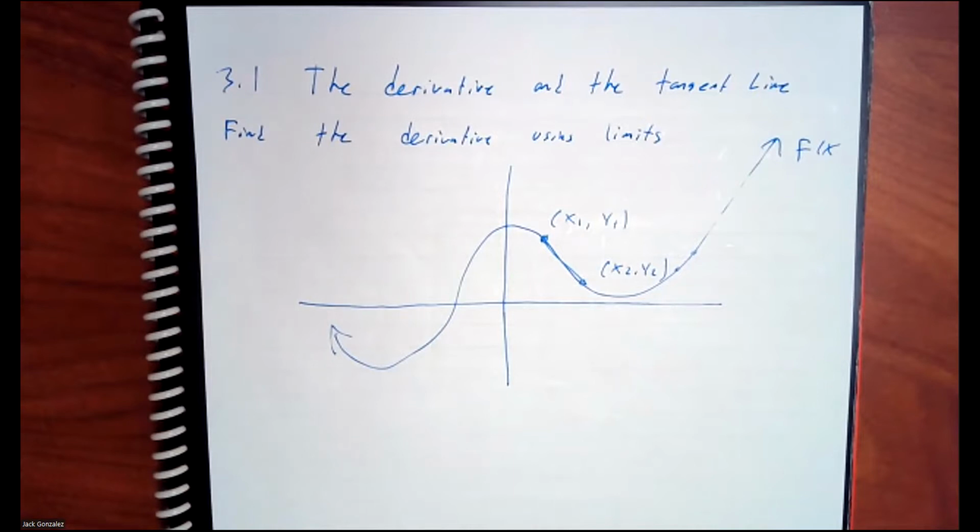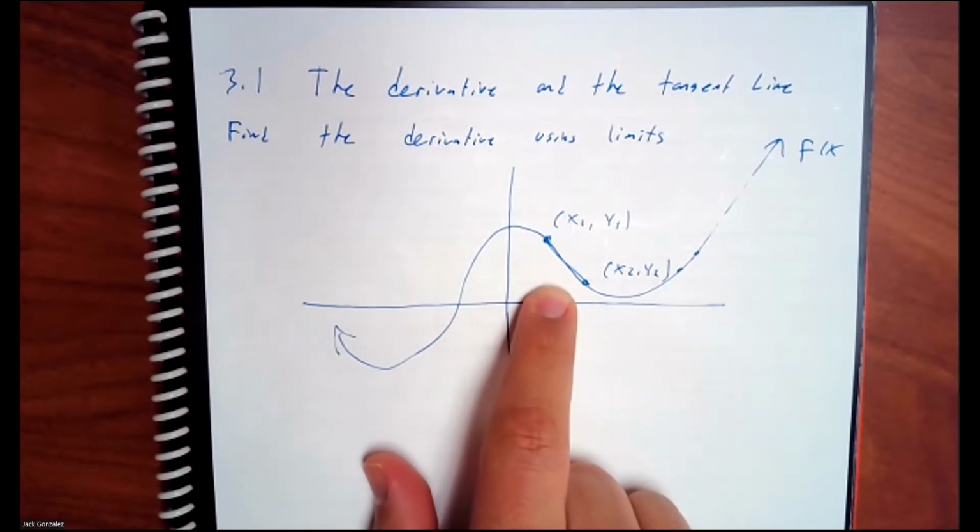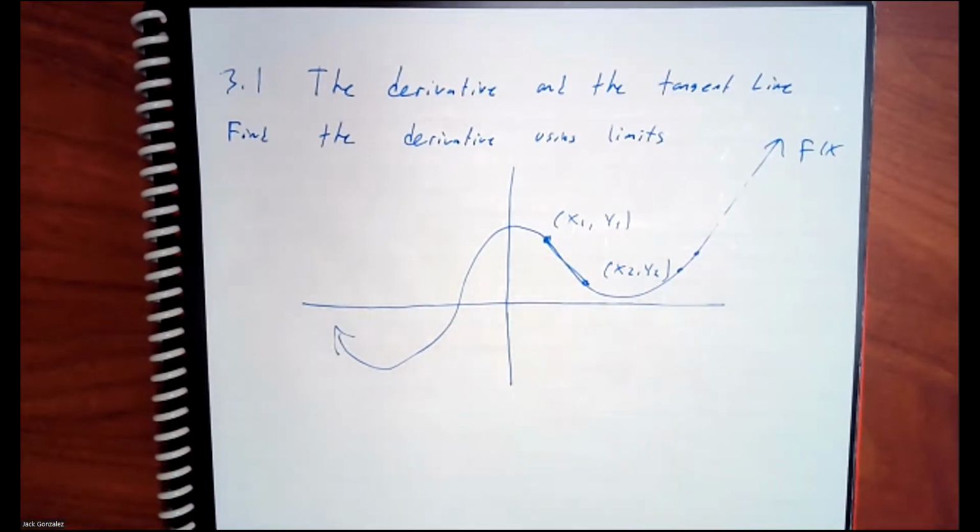So the derivative is the slope at one given point. You shrink the distance between the two points and let that distance go to 0. So instead of finding the slope of two points, you find the slope of one point, which gives you the rate of a function at any given spot you want.